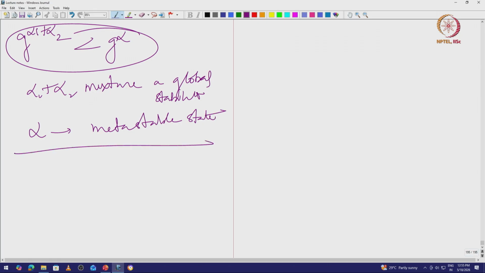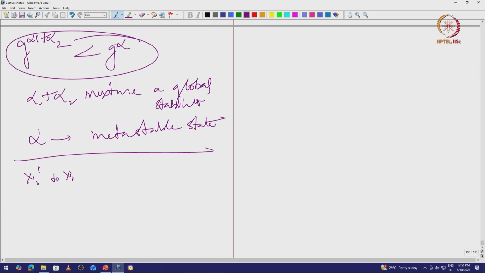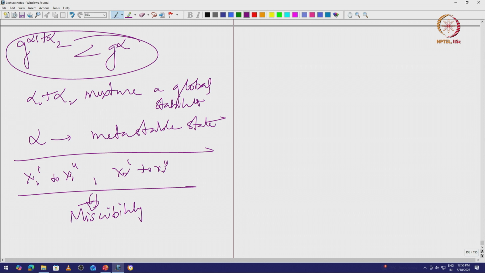Okay. Now, in that region x1 dash to x1 double dash and x2 dash to x2 double dash, what I have then is what is called a miscibility gap. Okay. And in the region x1 double dash to x2 double dash, alpha is unstable, alpha will spontaneously decompose into alpha 1 and alpha 2, right.